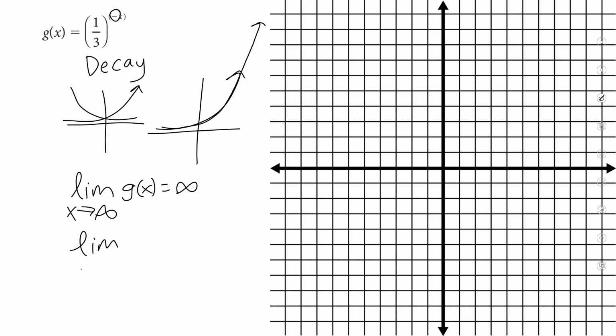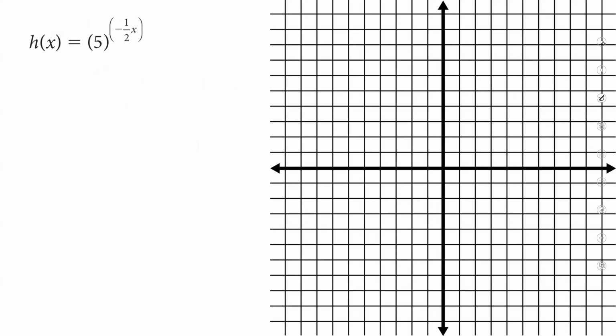And as your x values go to the left towards negative infinity, as our graph goes to the left, what's happening? It goes to 0, the asymptote, which is right here. Nice. Okay. Let's continue thinking about this. Please show me what this graph looks like.